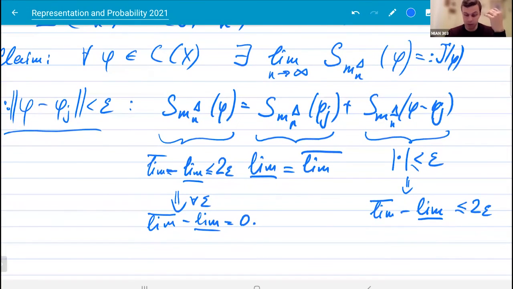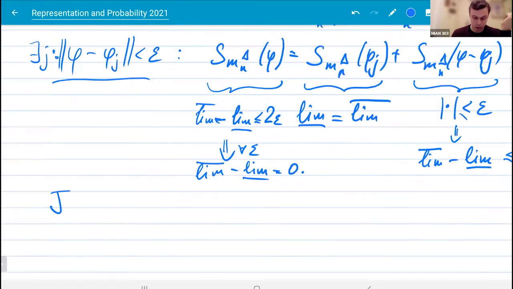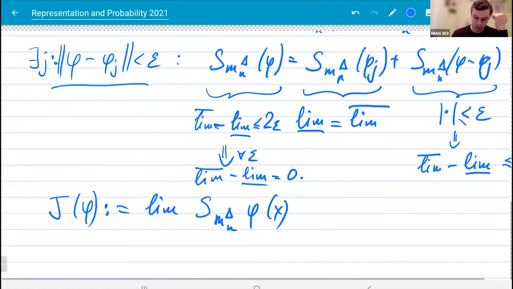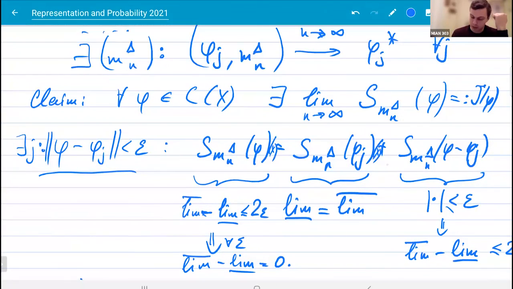Now we want to check some conditions on our functional. So g of phi is the limit of the ergodic averages, but along some subsequence, at every point x.